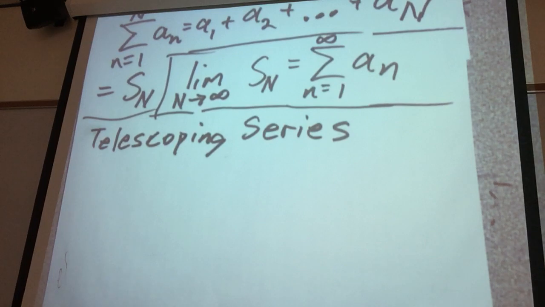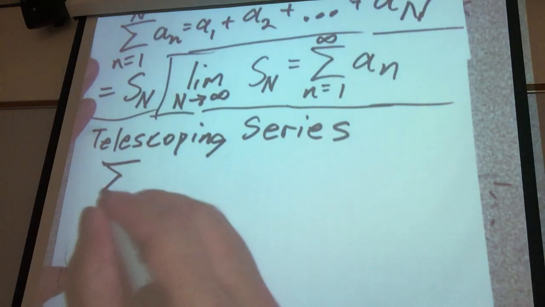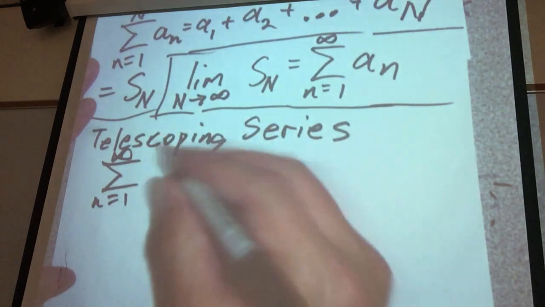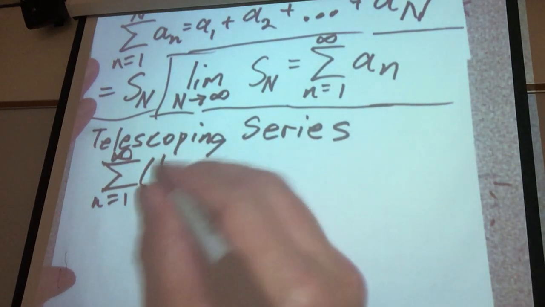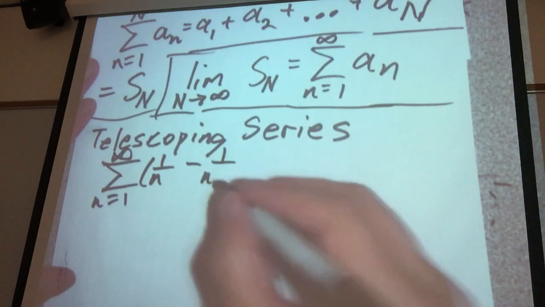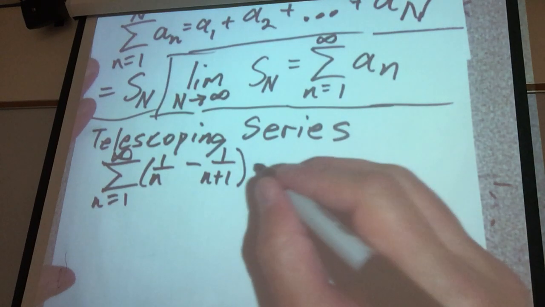Okay, so let's say we did the sum, now n equals 1 to infinity of, let's say, 1 divided by n minus 1 divided by n plus 1. All right? And so this would come out to, what is the first one?